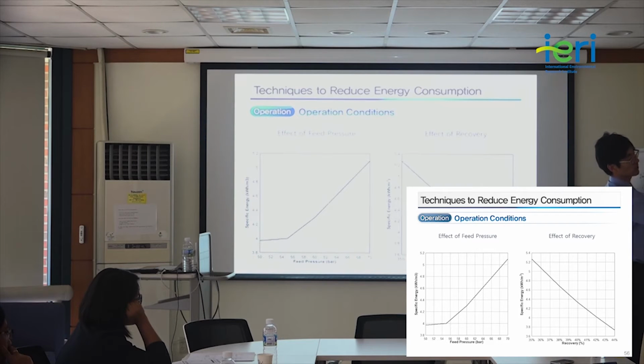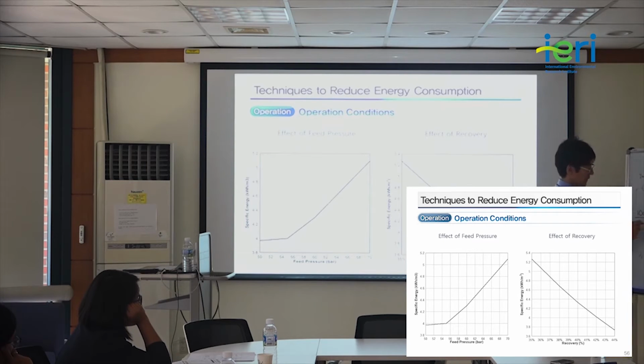If we reduce the recovery, the final salt concentration in the brine will decrease, because the increase in the recovery affects the final brine concentration. By reducing the recovery, the final brine concentration will decrease, so the osmotic pressure in the system will decrease.